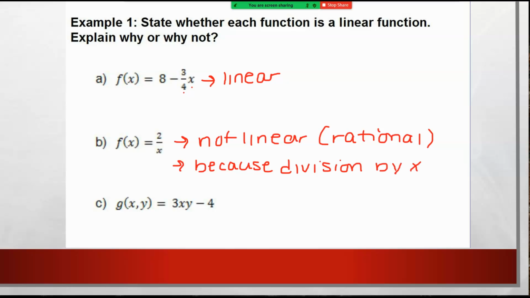The directions are state whether it is linear or not, and then tell me why or why not. For A, it's because it only has addition and multiplication. For B, it is not because you have division by x. And in example C, it is also not linear, because you have x being multiplied with y.